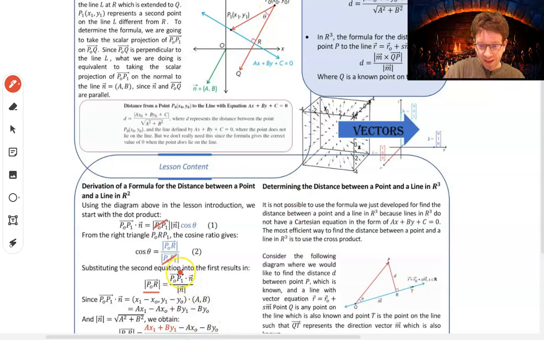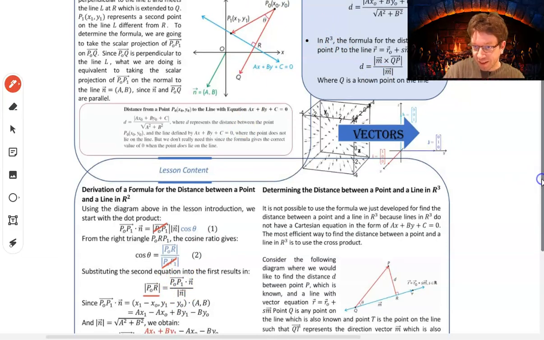Okay, now P naught P1, well, if P naught has coordinates, which I've written up here as x naught, y naught, and P1 has coordinates x1, y1, we can find that vector just by finding the differences between those coordinates.